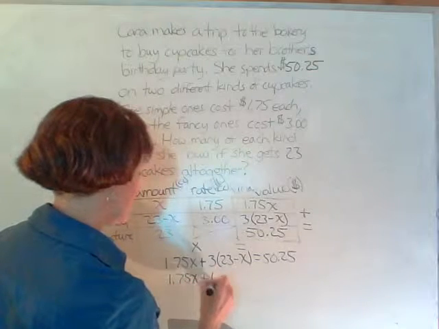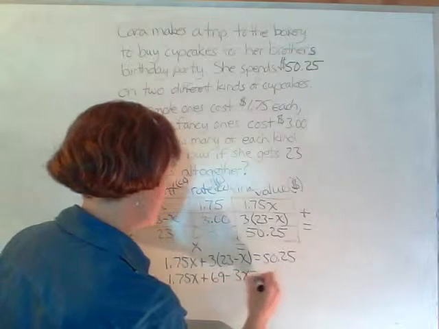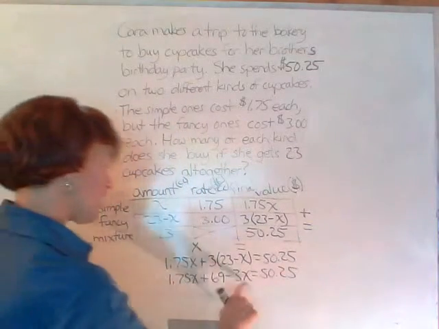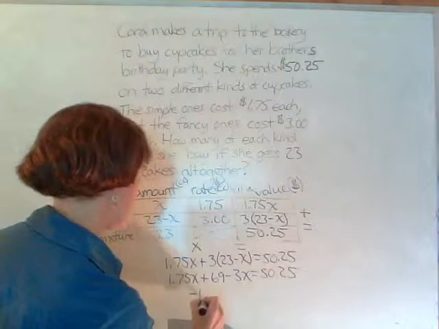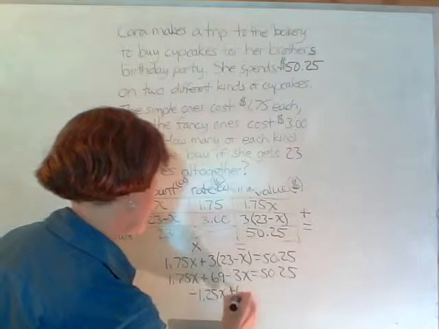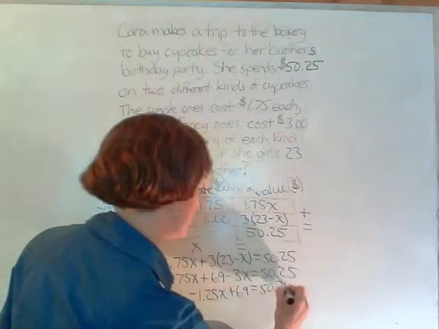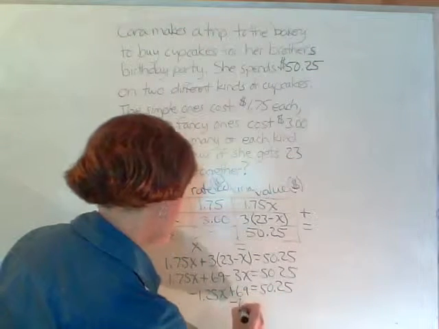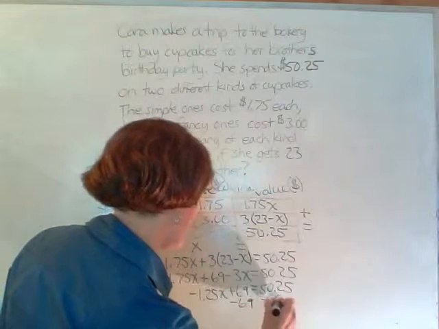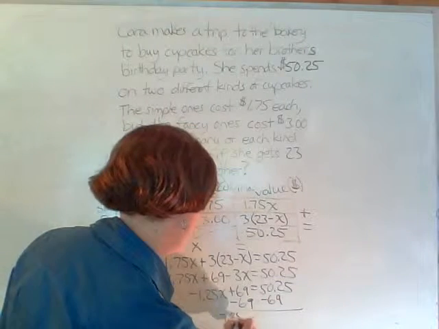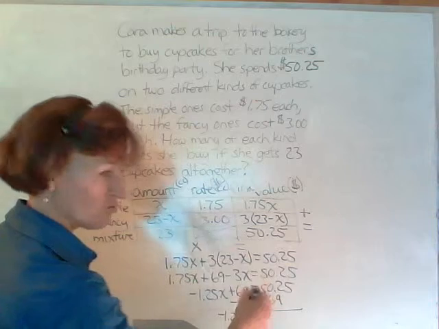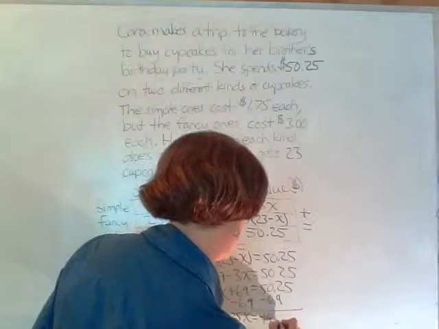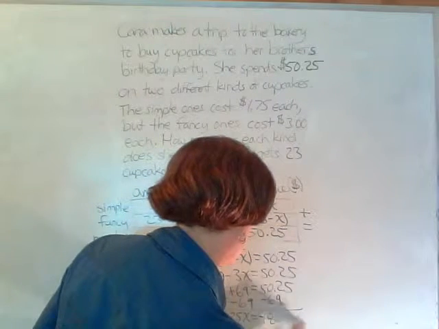1.75x plus 69 minus 3x equals 50.25. Now when I combine like terms, I've got minus 1.25x plus 69 equals 50.25. And when I move the 69 over, then I have negative 1.25x equals, of course you've got to reverse this to subtract, negative 18.75.